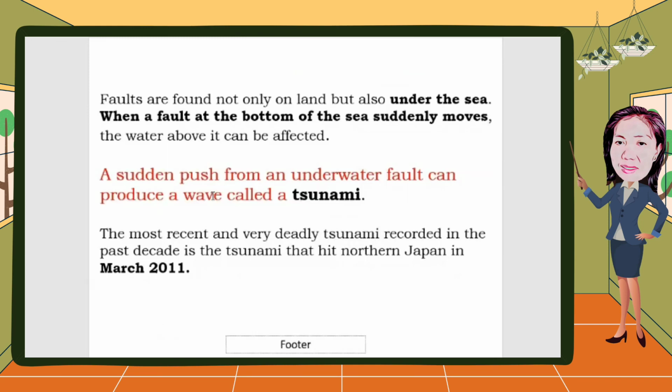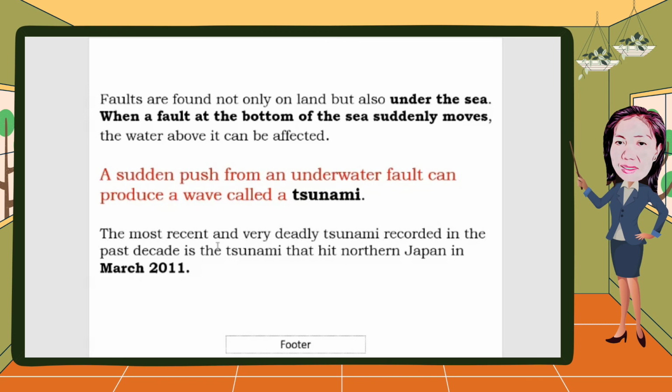So see, not only on land, but also under the sea. So when a fault at the bottom of the sea suddenly moves, the water above it will be affected. So a sudden push from an underwater fault can produce a wave called tsunami.